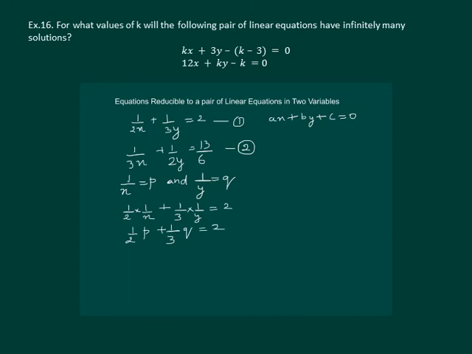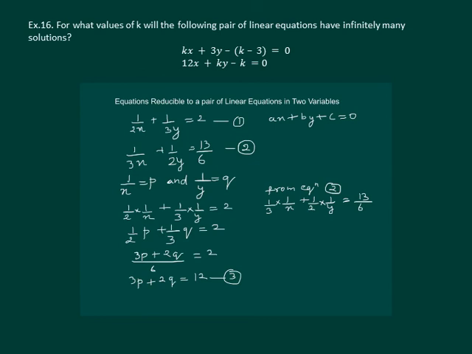We can solve this further, take the LCM. LCM is 6. So we get 3p plus 2q equal to 12. Now this is our equation number 3, and similarly we can proceed with equation 2 and reach another equation 4.